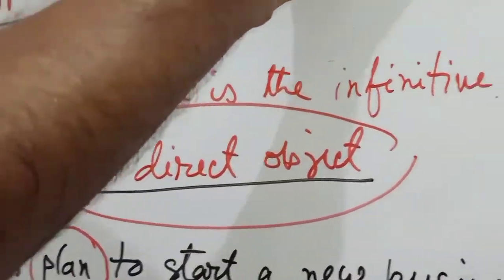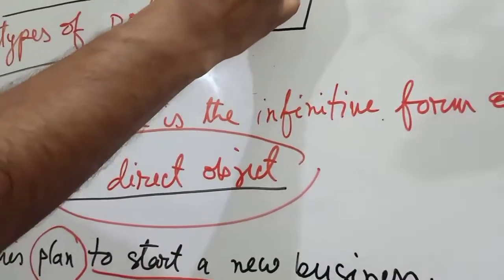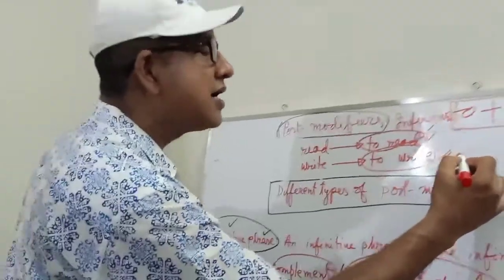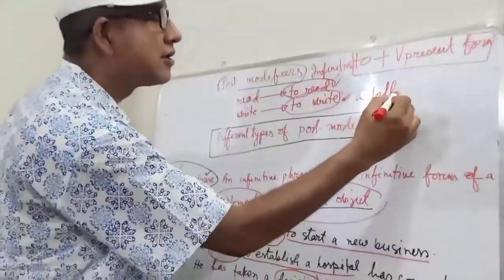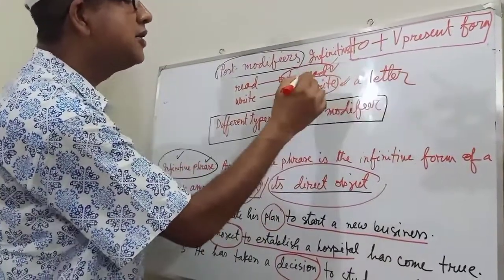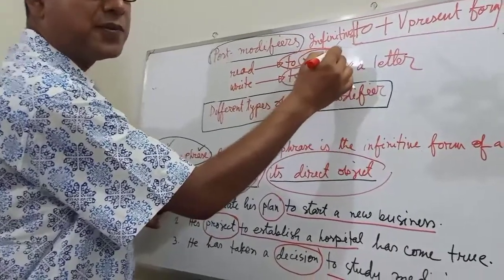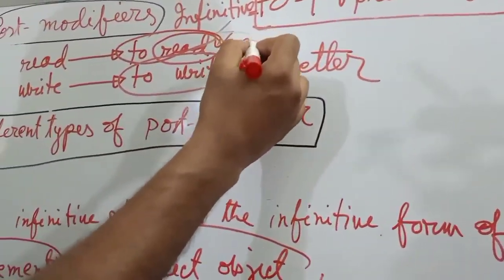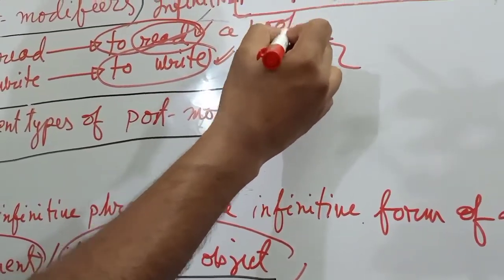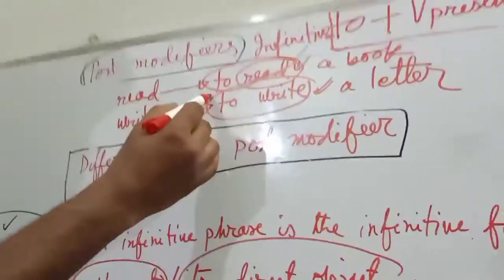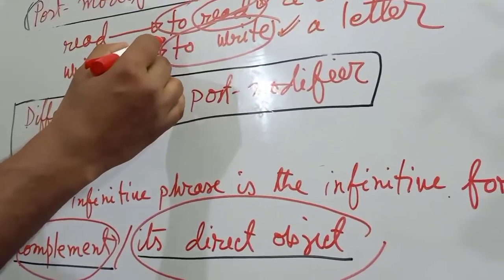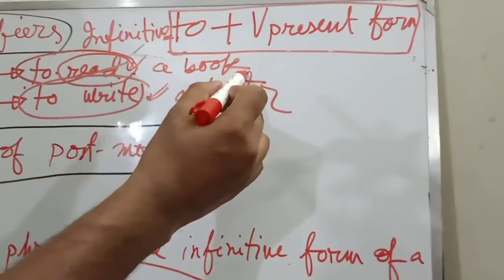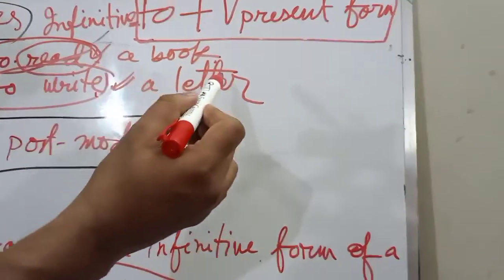If write is a verb, its direct object can be a letter. If read is a verb, its direct object can be a book. Then the infinitive phrase is to read a book, to write a letter.